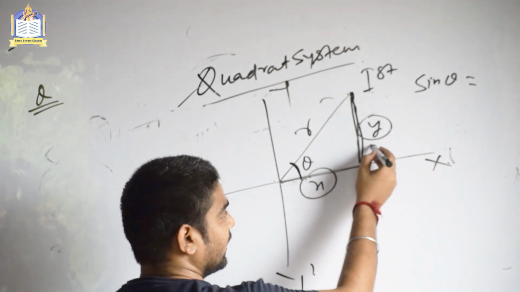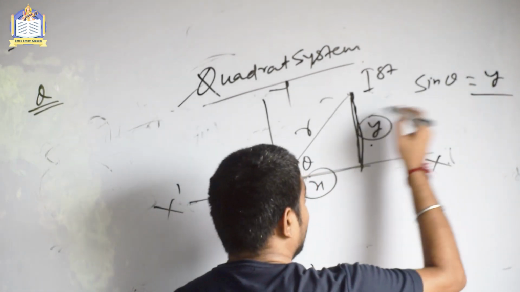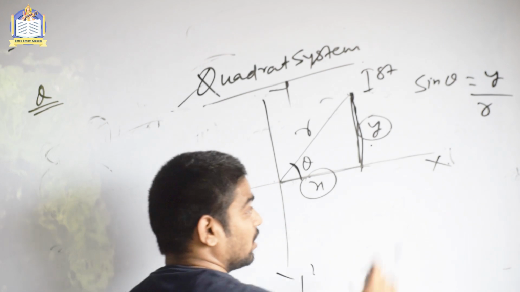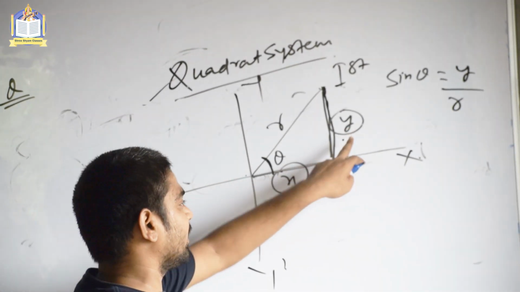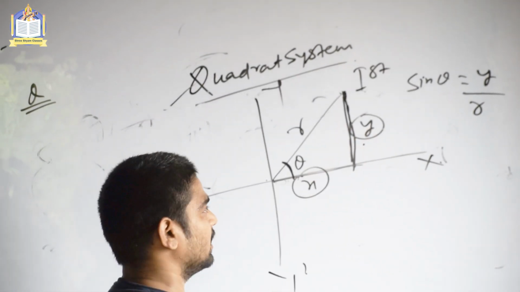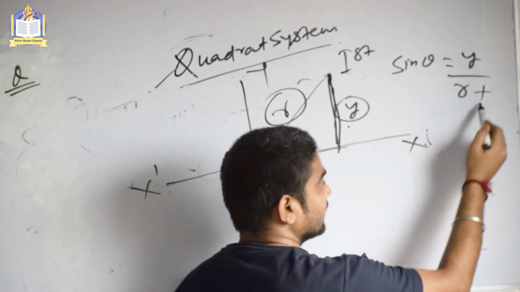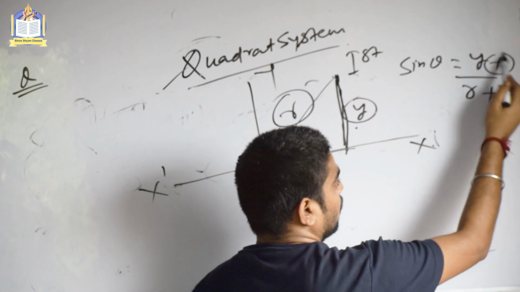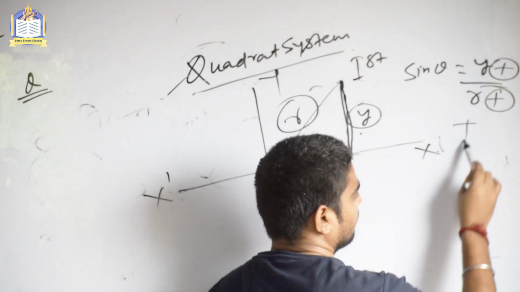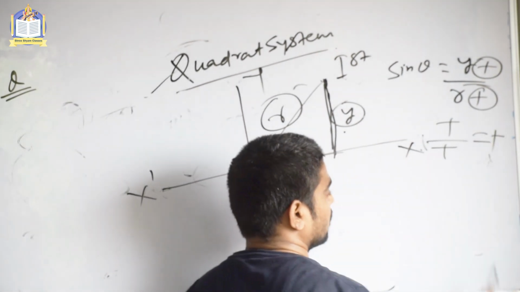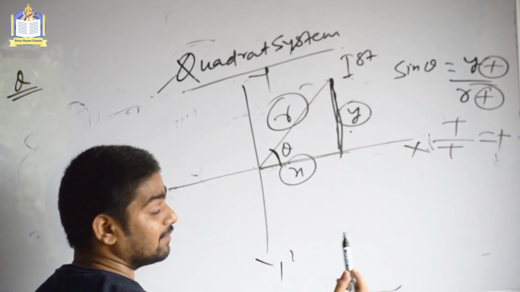Perpendicular is y and hypotenuse is r. Because r, being the radius, can never be negative, this is positive and this is also positive. So positive by positive gives positive, and in the first quadrant not only sin theta but every trigonometric function is positive.